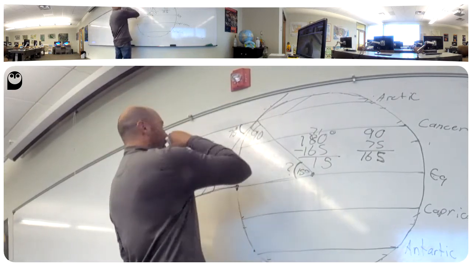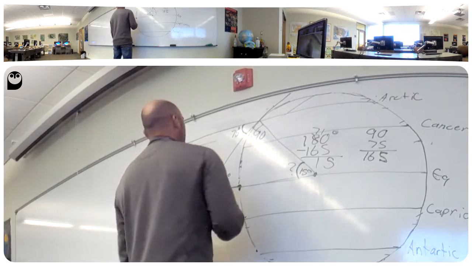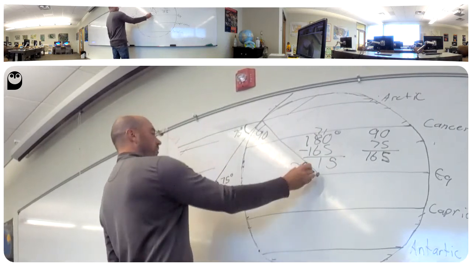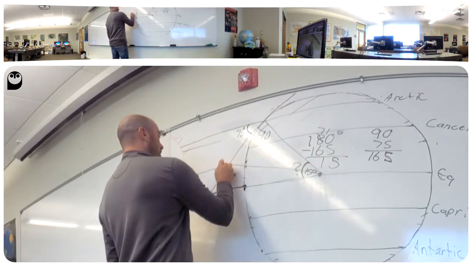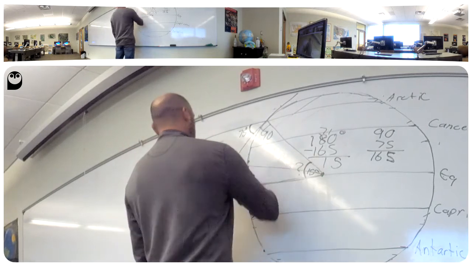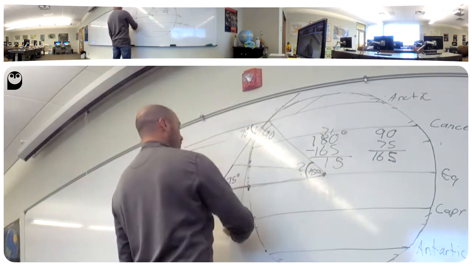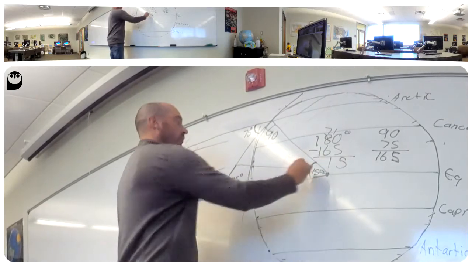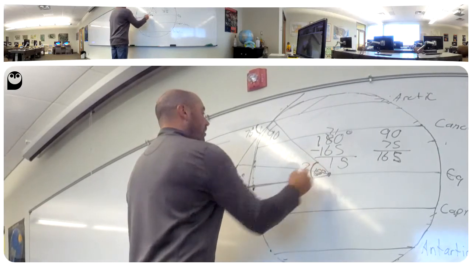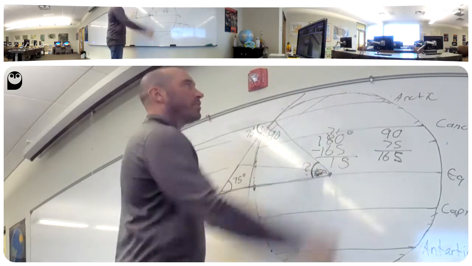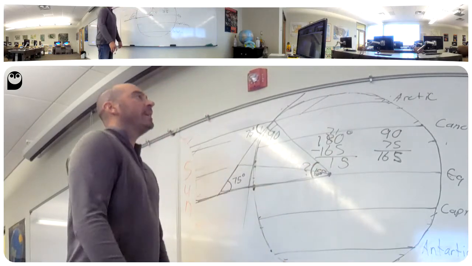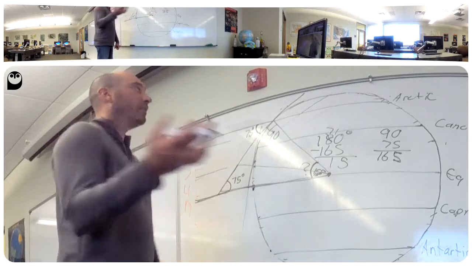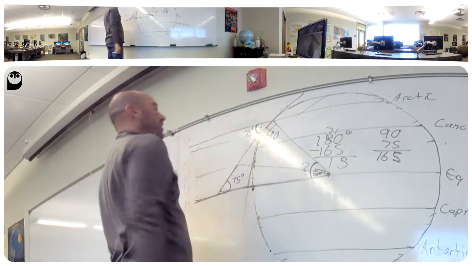So I kind of drew my triangle a little out of whack. My triangle should actually be down here, 15 degrees. Makes sense, right? September 21st in Casper, Wyoming, as we've seen in the other videos, the angle of the sun is 47 degrees.